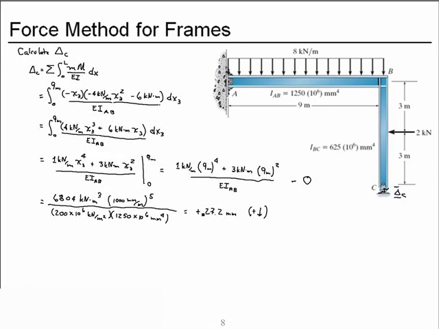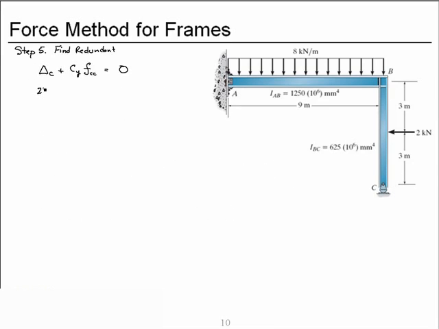Delta C we found to be 27.2 millimeters, to which we add Cy. If Cy is up, we said our flexibility coefficient was a negative 0.972 millimeters per kilonewton, and all of that adds to 0.